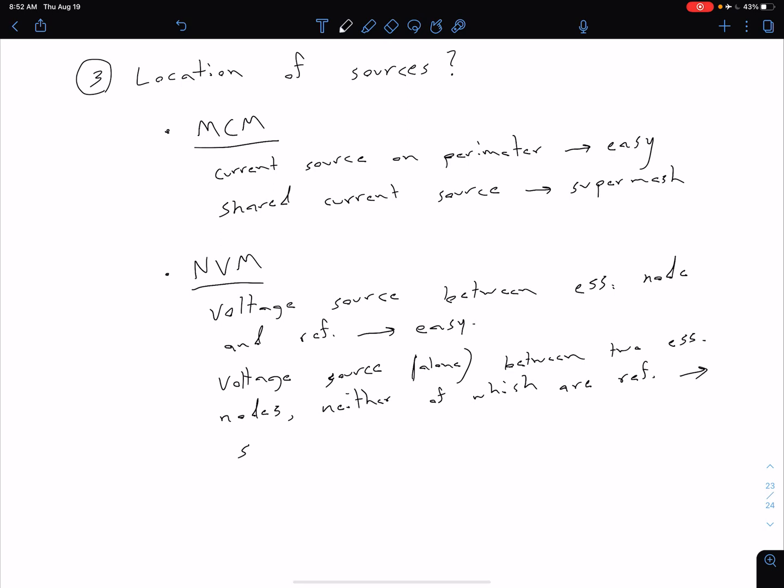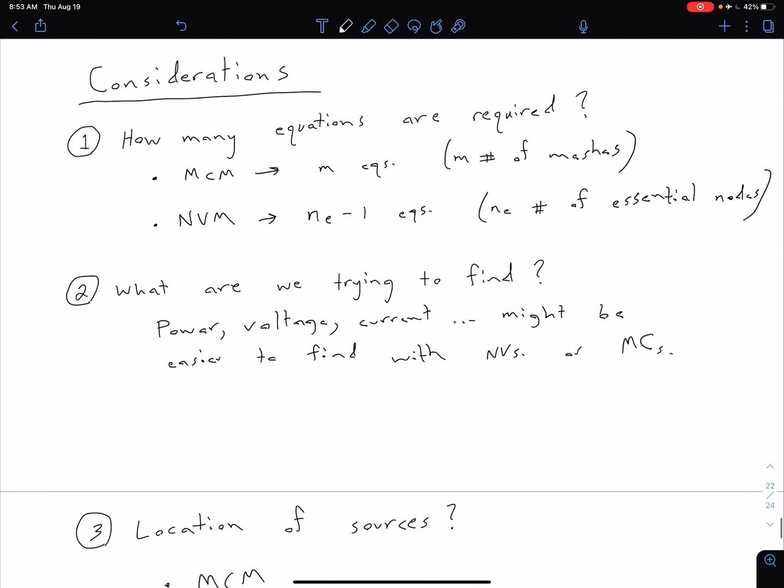And so in that case, we have to use our supernode method. And just like with our super mesh, that doesn't necessarily mean it's harder or more difficult inherently, but maybe you're not as comfortable with the supernode method. So all of these items are important things to consider.